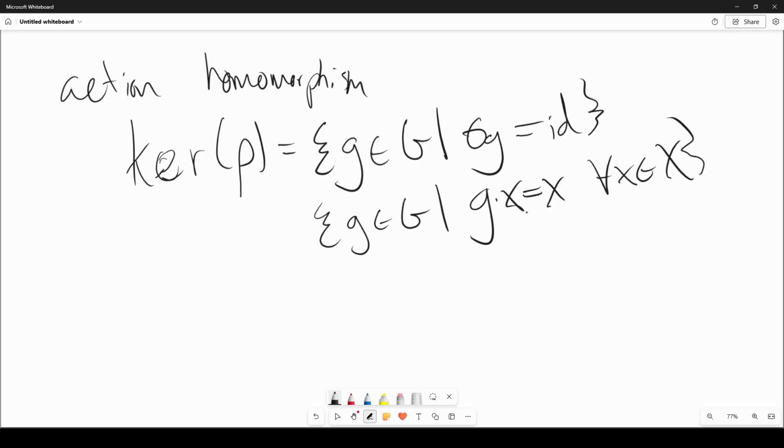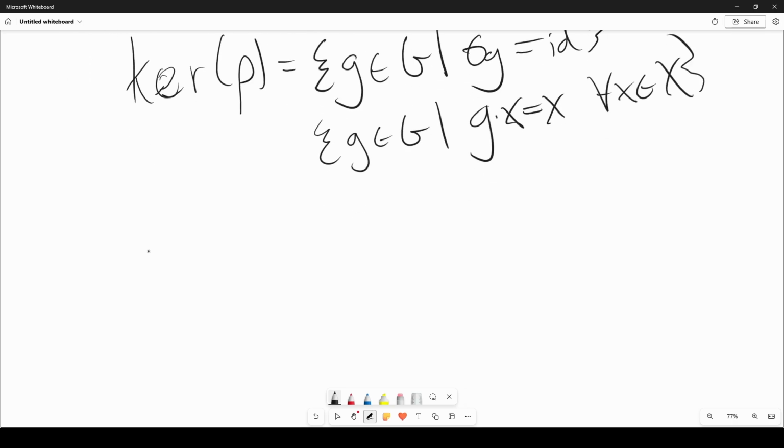So you should already know that the identity in G is in the kernel. And so a helpful idea, you might think, is: when are there other elements outside the identity, and when is there only the identity? So basically, that leads to its own definition, which is something called a faithful group action.